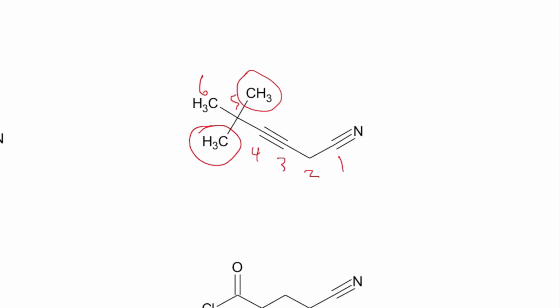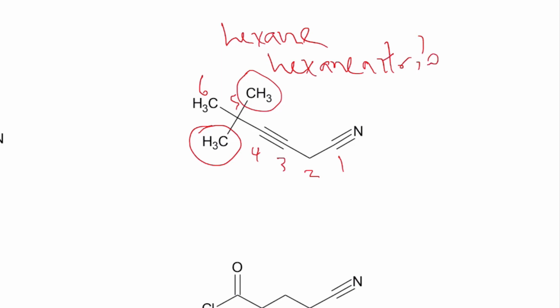So we have a dimethyl group. So we know we got a hexane. We know that it becomes hexane nitrile because of the nitrile group. The ane here has to turn into an ine because of the triple bond. So we have a hexine nitrile.